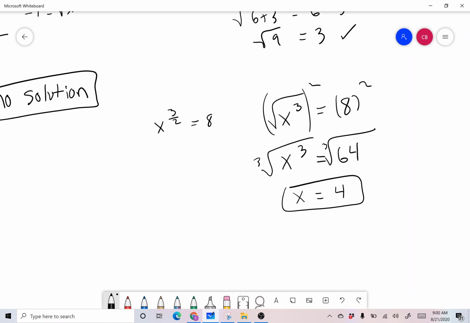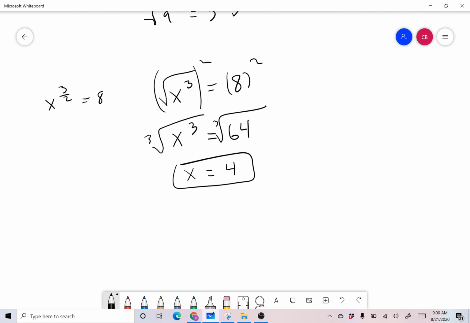Okay, 2 ways you could do this. We could do this as... what would be the other way? Well, I typically want to take... Oh, I know what I mean. So remember, since we're dealing with powers, x to the 3/2 equals 8. I could raise this to the 1/3 power.